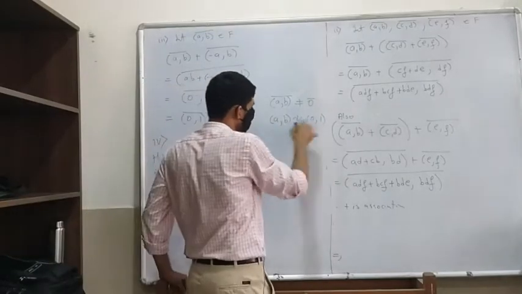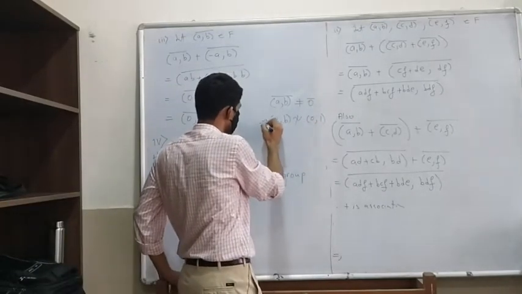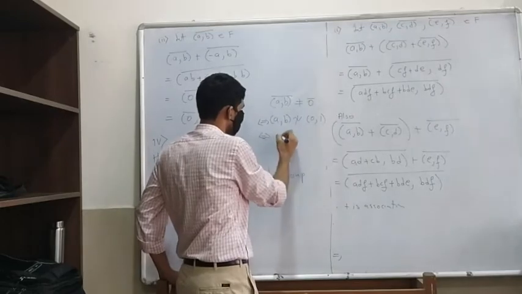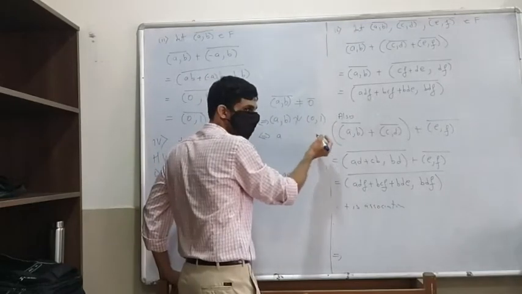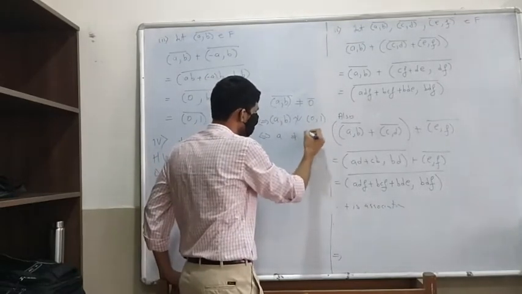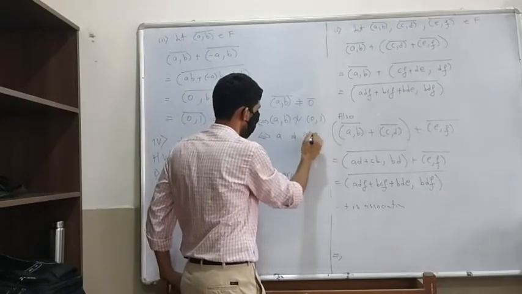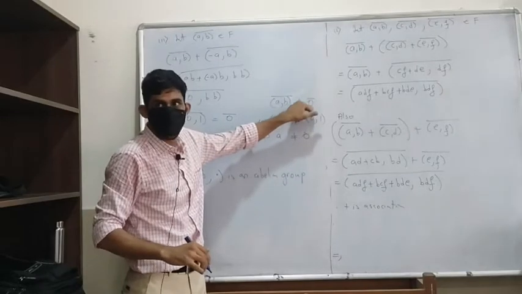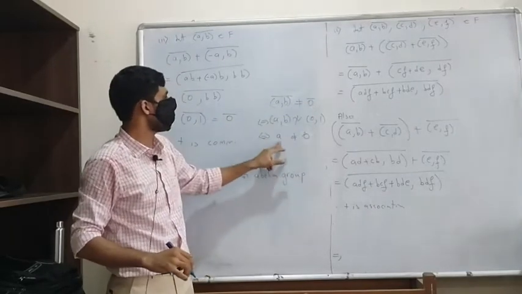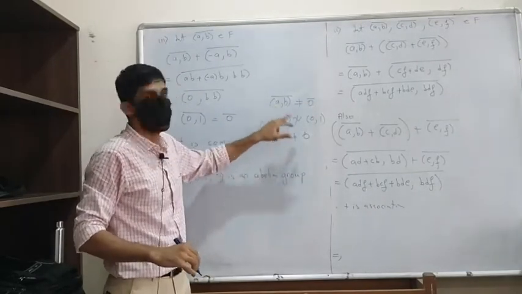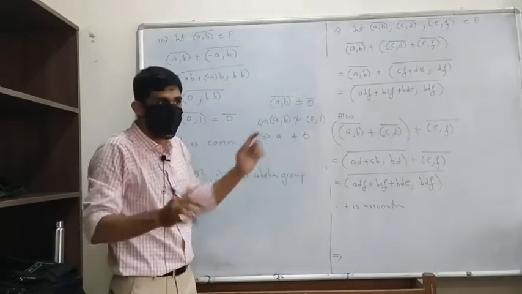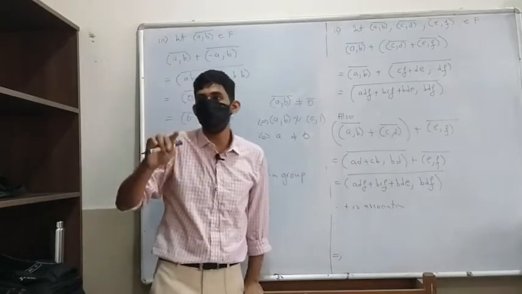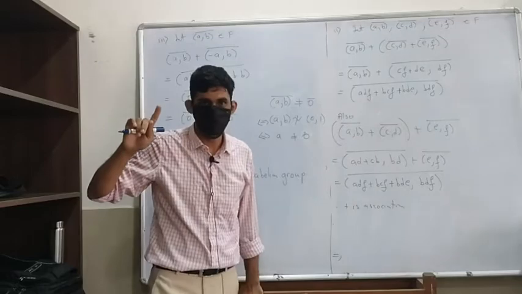It means that a times 1 is not equal to b times 0. So if this is not the 0 element, if and only if this coordinate is non-zero, then you can talk about something like b upon a bar, right?